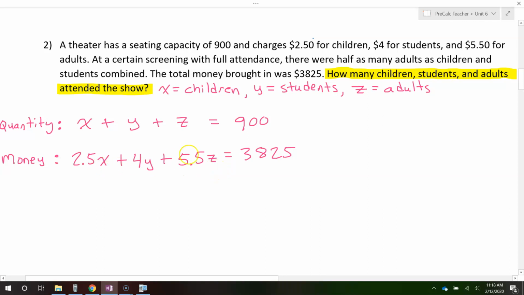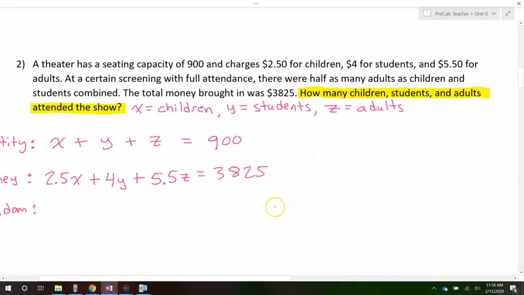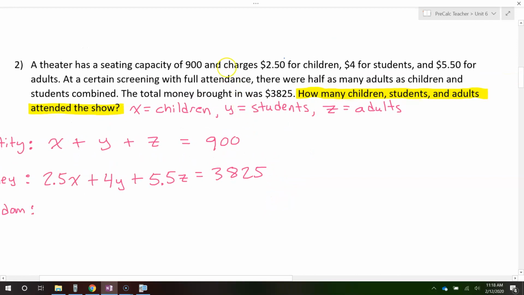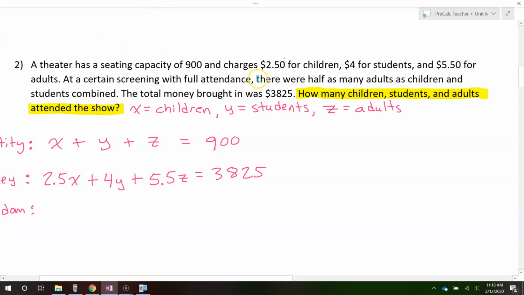We need a third equation, and so sometimes they just will throw in a random third equation. So I'm just going to call it rando third equation. And where is the random third equation? It's right here. They say there were half as many adults as children and students combined.